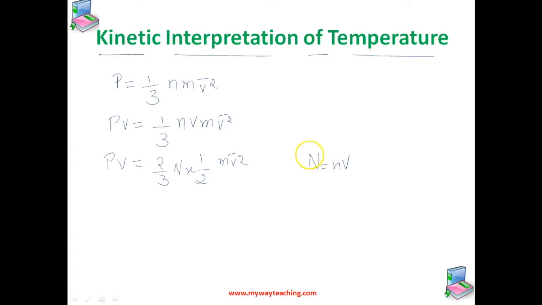The quantity in the bracket, that is this one, is the average translational kinetic energy of the molecules in the gas. Since the internal energy E of an ideal gas is purely kinetic, we can represent that internal energy of an ideal gas.